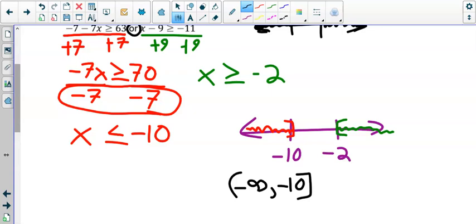But we also want to invite these people that are over here. So we put a union between them, because we're inviting some more people. Where does this one start? -2, bracket or parenthesis? Comma, and where does it go? To infinity and beyond. There's the answer. Cool beans? I have an answer.